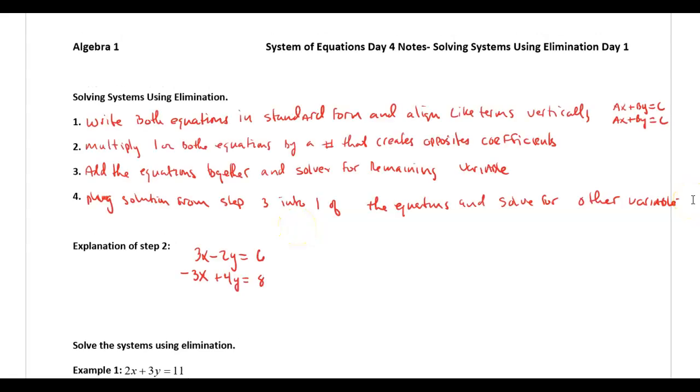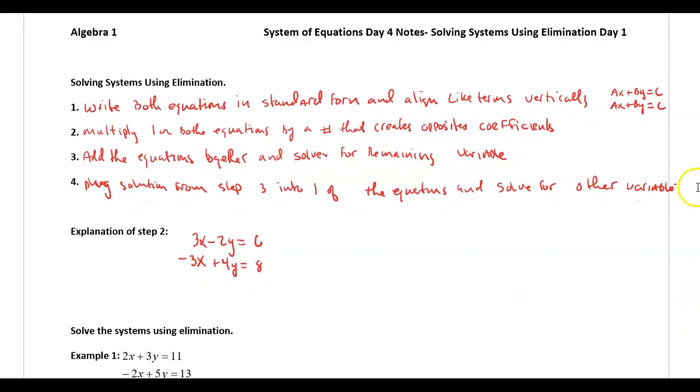Okay, lesson 5.3 is the last method of solving these systems. So when we look at it, it's probably the easiest method, but depending on how you're given the equation, it could be different either way. So the first step is, this time, we're going to write both equations in standard form, right?